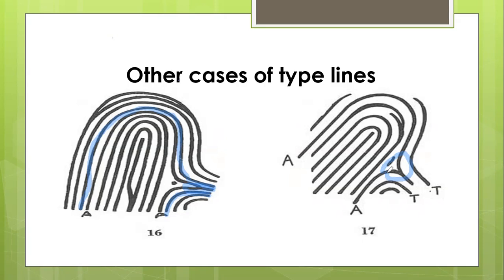So, in this example, you also cannot consider this as type lines because this is not a diverging ridge. This is a bifurcation. So what will you consider as type line? You will consider this as the two innermost ridges that run parallel or side by side that surround or tend to surround the pattern area.